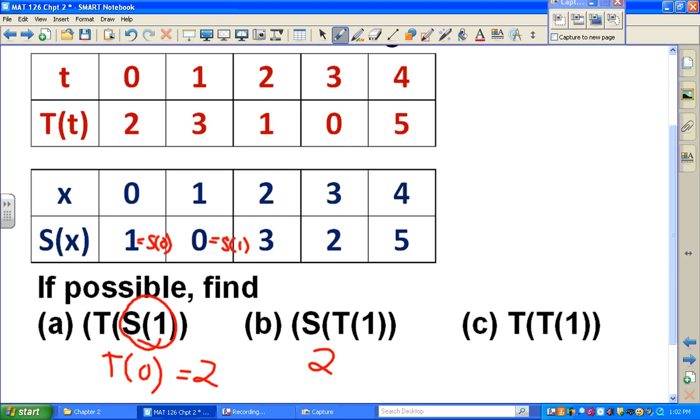All right. So S of 3, that equals 2. C is what? 0. T of 1 gives me 3. T of 3 gives me 0. Perfect. I like that. That is math. That's logic. That's a conceptual question.